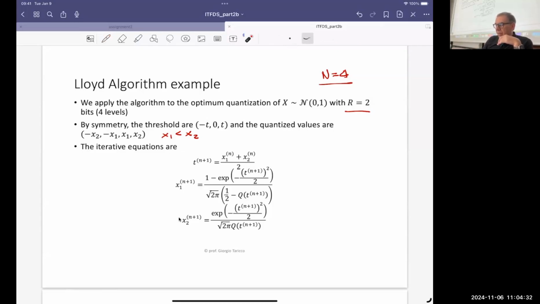These are the iterative equations. T n plus 1 is equal to x1 n plus x2 n over 2. That's the midpoint equation.